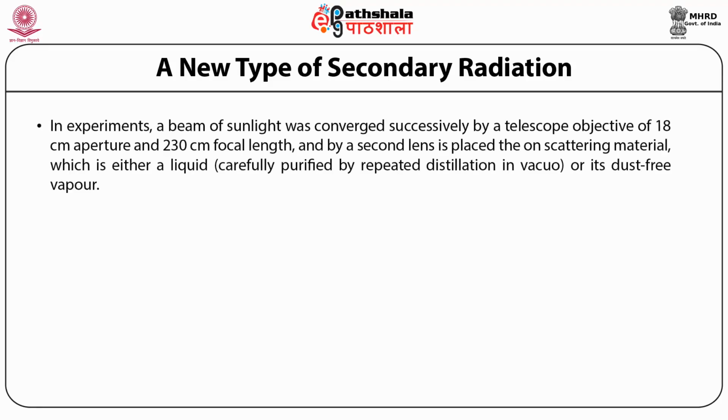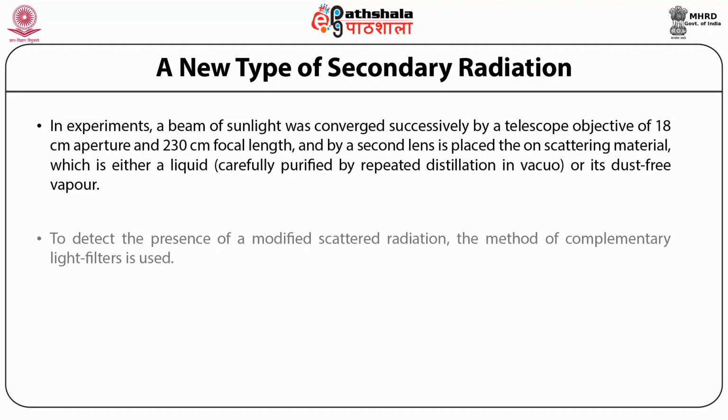In the experiments, a beam of sunlight is converged by a telescopic objective of 18 cm aperture and 230 cm focal length, and a second lens is placed to focus it on the scattering material, which is either a liquid carefully purified by repeated distillation in vacuum, or a dust-free vapor.